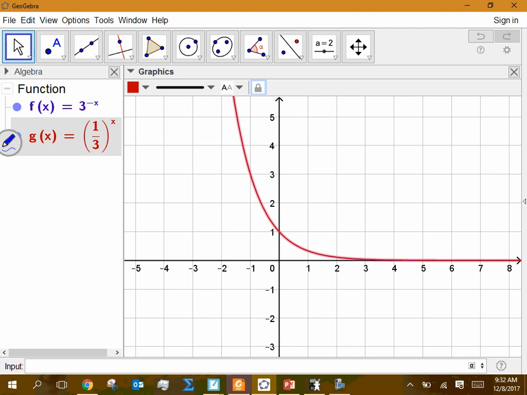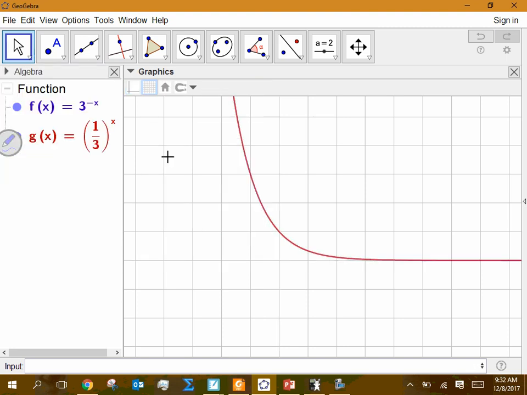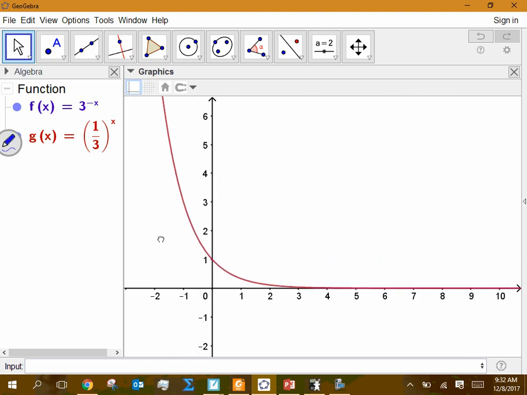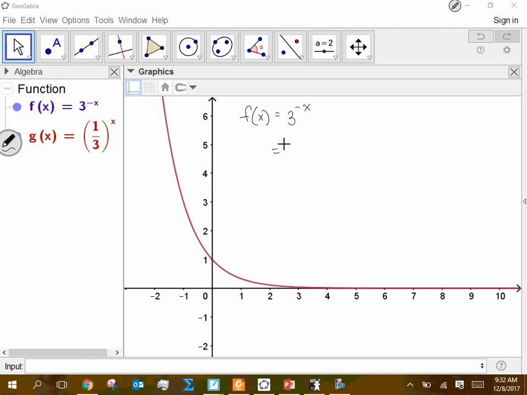Okay, so if we, let's do this. Let's do a little bit of algebra here. Let's just start with f of x equals 3 to the negative x. Is that the same thing as saying 3 over 1 to the negative x? Okay.